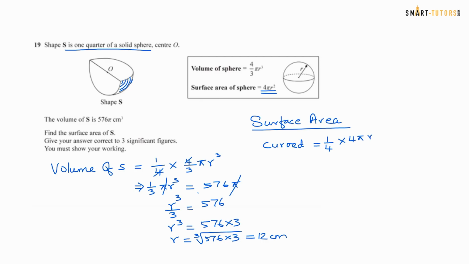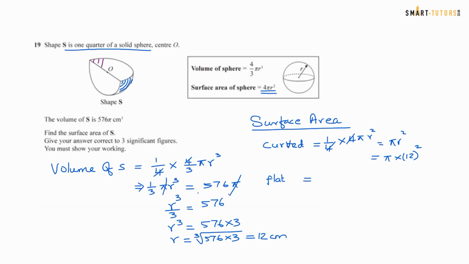What I really mean is this side. So the curved surface is 1/4 of 4 pi r squared, which is the curved outside surface. 4 and 4 cancel, so pi r squared, which is pi times 12 squared, because the radius we found from the previous step, and that is the curved surface.